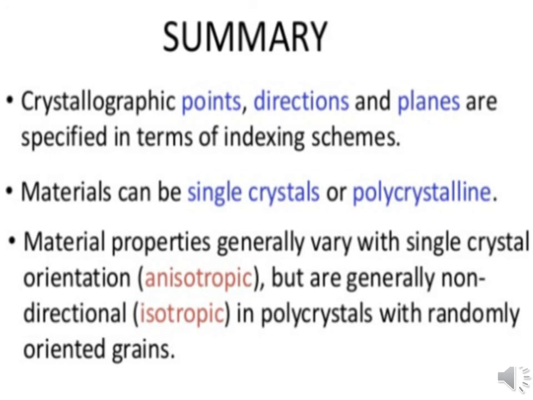Material properties generally vary with single crystal orientation, that is anisotropic, but are generally non-directional, that is isotropic, in polycrystals with randomly oriented grains. Some materials can have more than one crystal structure. Using Miller indices to find these different crystalline structures.